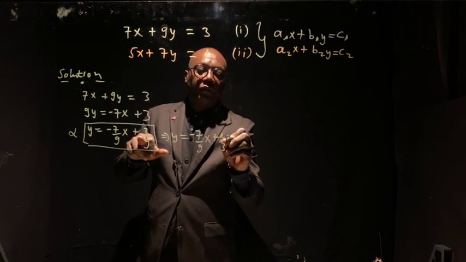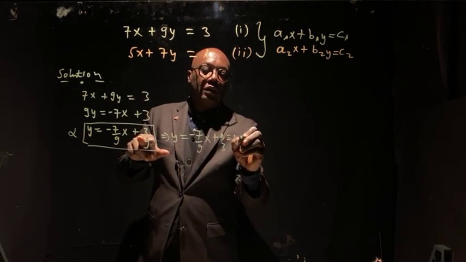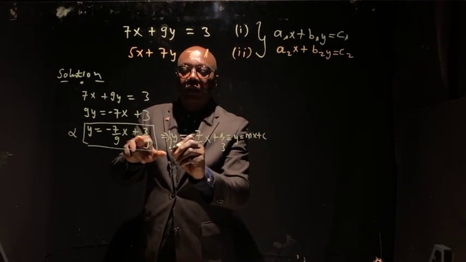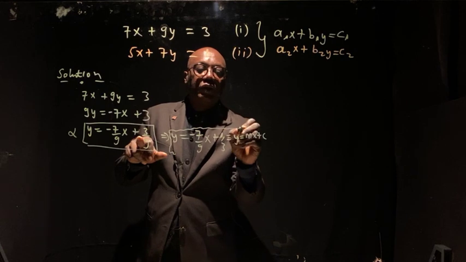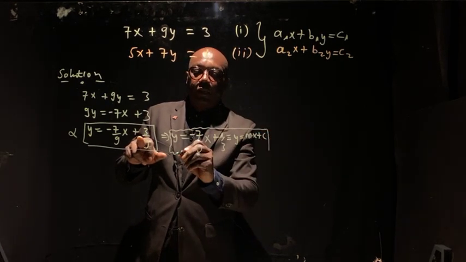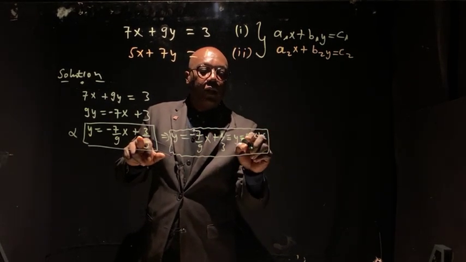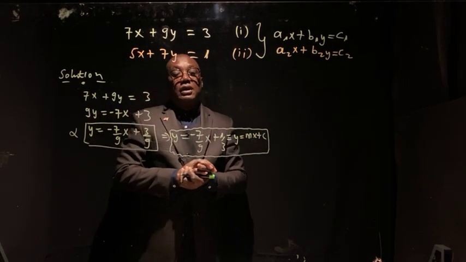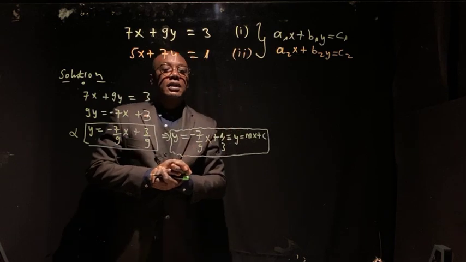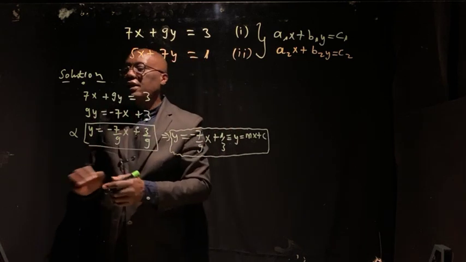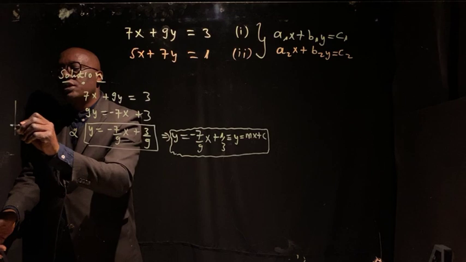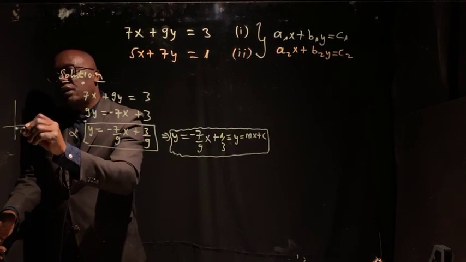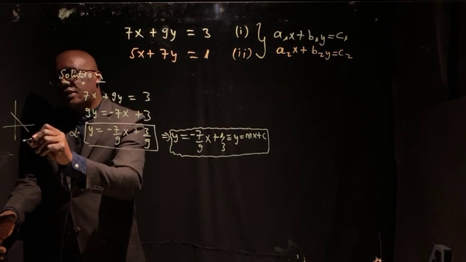which is no different from y equal mx plus c, which indicates that the gradient of this line is m, which is minus 7 over 9, which indicates that it is a line with negative gradient. A line with negative gradient is expected to be something like this. It goes this way or that way, whichever way. So either this or this.